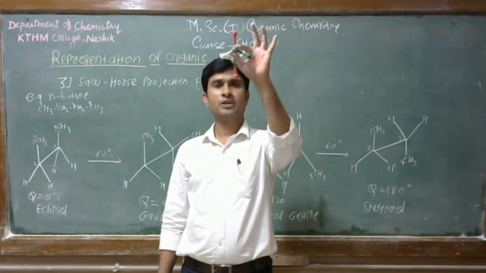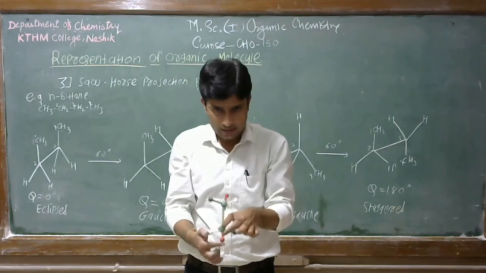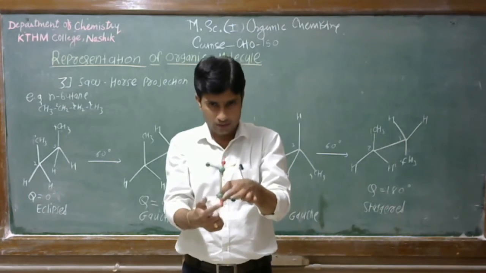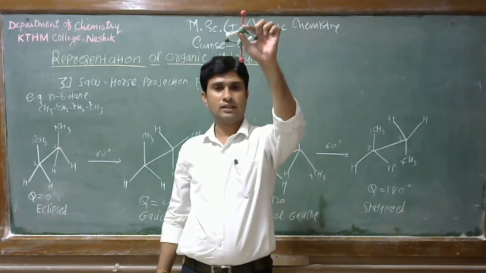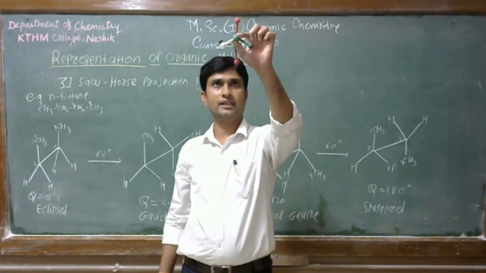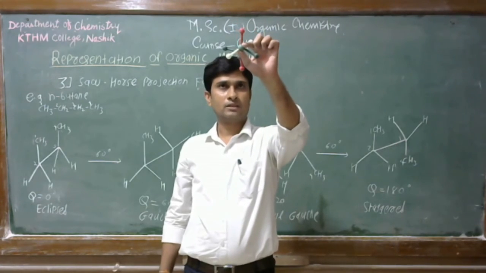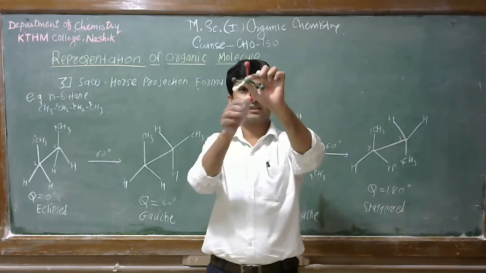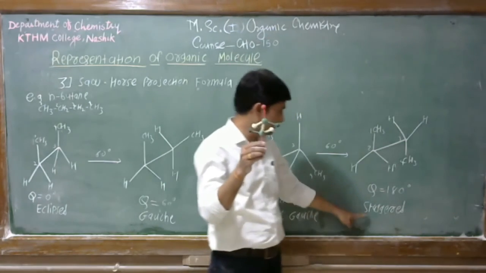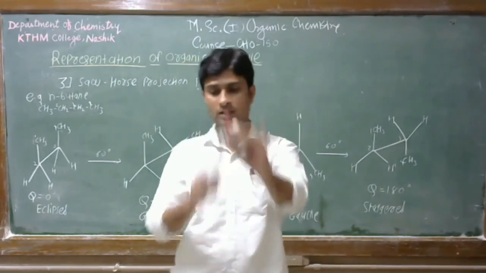So when the dihedral angle is 180 degrees, the structure is called the staggered structure, and it is a very stable structure.